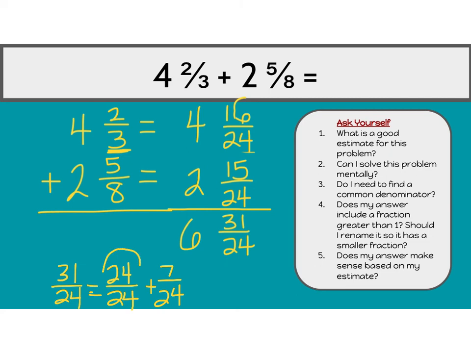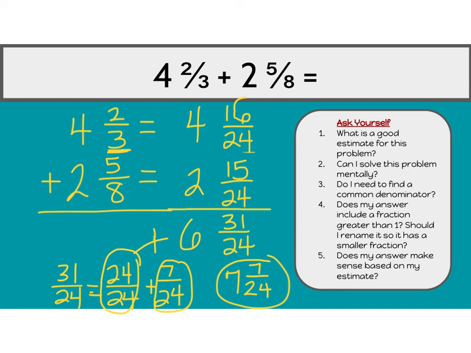We're going to take this 24/24, which is a whole, and we're going to add it to that 6. So now my answer is going to be 7, and then we're going to take this part that's left and transfer it over. 7 and 7/24 becomes our final answer there.